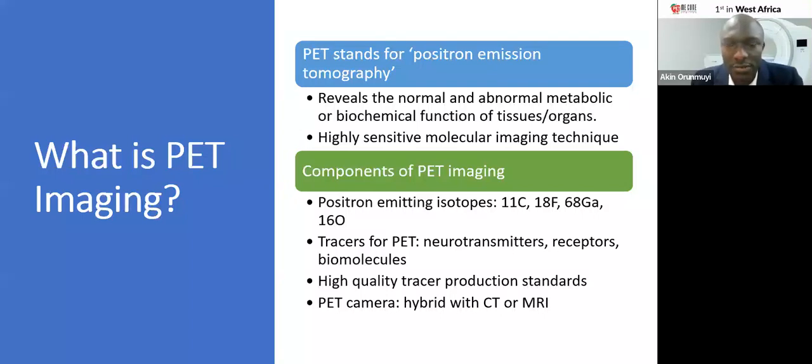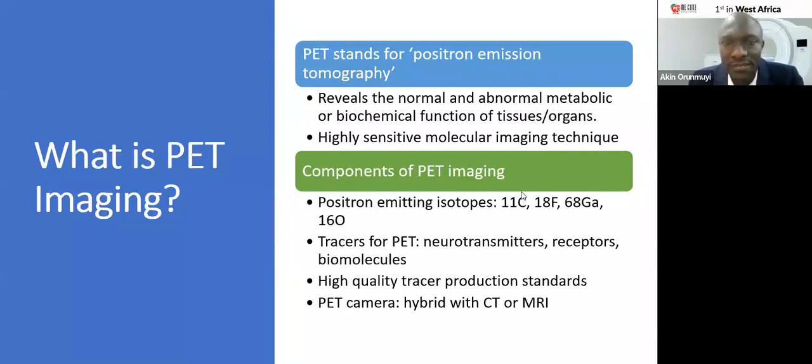It usually comprises a positron emitting radioisotope that releases the photons that are imaged. And then that isotope is combined with a tracer. A tracer could be a biomolecule like water or sugar. It could be a neurotransmitter or a receptor that specifically or selectively targets the organ of interest inside the body.